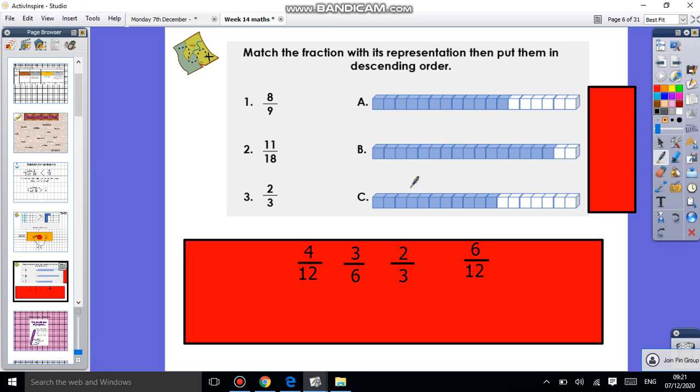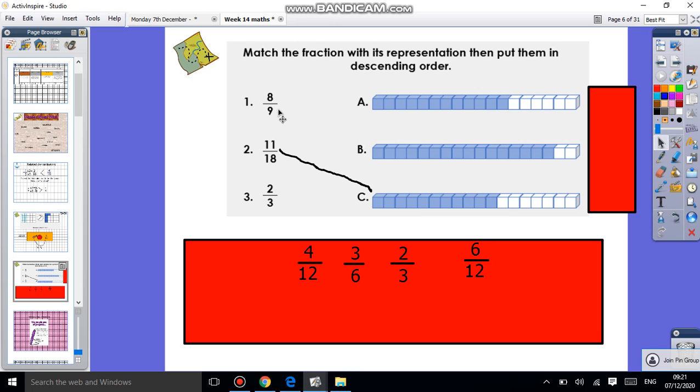So I can tell by counting across that that is 11/18ths. Here we've got 1, 2, 3, 4, 5, 6, 7, 8, 9, 10, 11, 12. So that's 12/18ths. And this one here is 16/18ths.